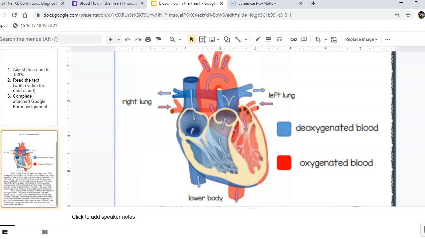And that is a key 5th grade concept that we need to understand. Another point that was brought up in the BrainPOP: what causes the heart to beat? Well, the brain signals to the heart to beat. So we have the nervous system with the brain and the heart, part of the circulatory system, working together. The circulatory system with the heart depends on the nervous system to know what to do.